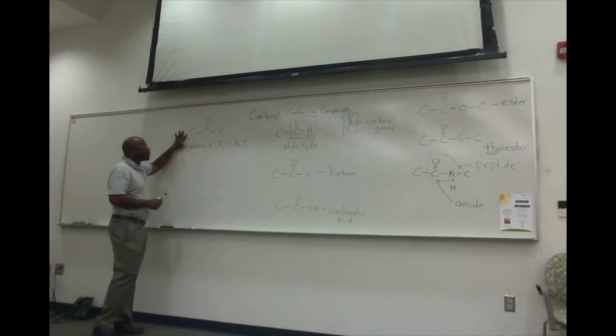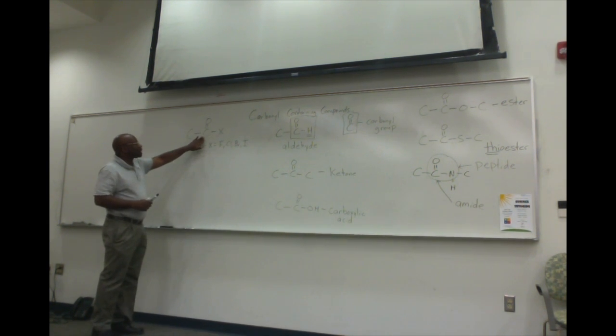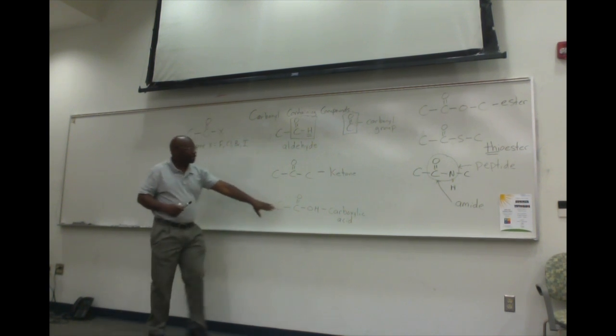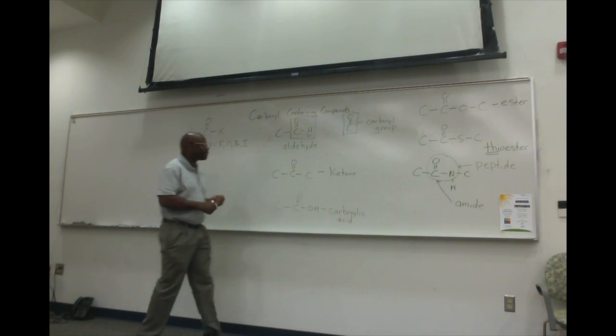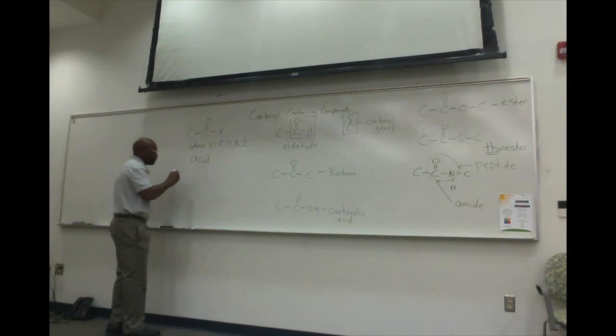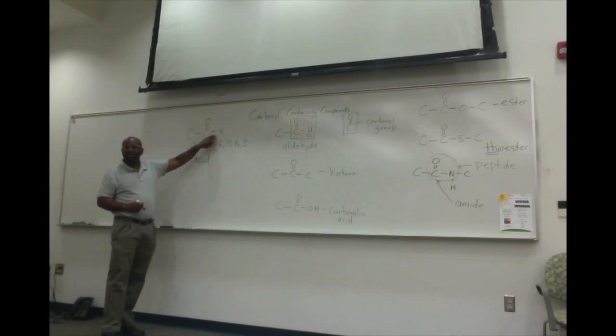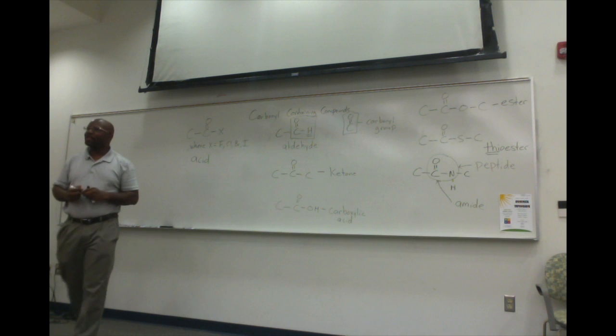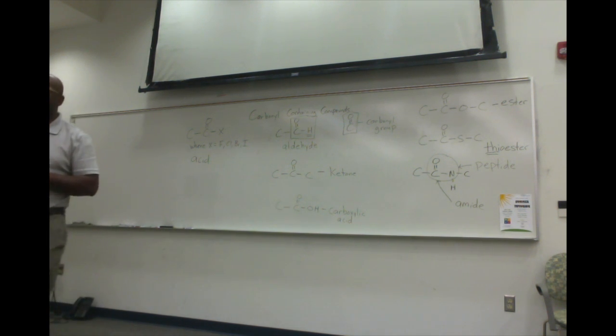As far as naming this group, this molecule was derived from a carboxylic acid. This will be an acid X. What did X refer to? We already said it: halide.